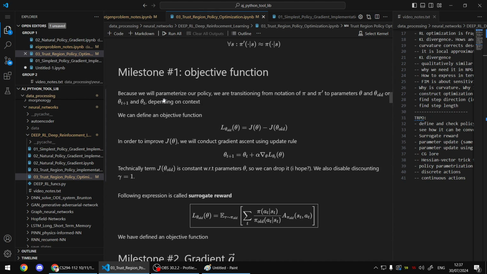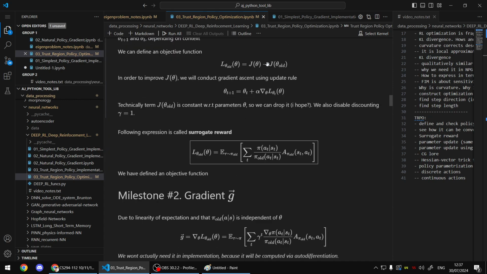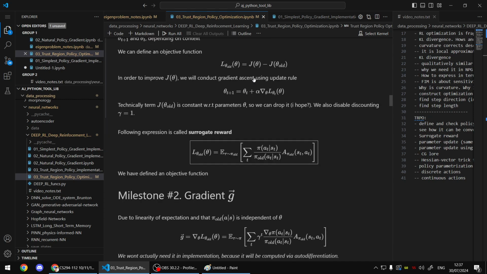We measure the experiment with this policy, it's the kth iteration, we measure the next experiment, it will be k plus 1 and so on. So we define this objective function, which shows you the improvement of the new policy over the old policy. And then again, we have to calculate its gradient to perform gradient ascent.